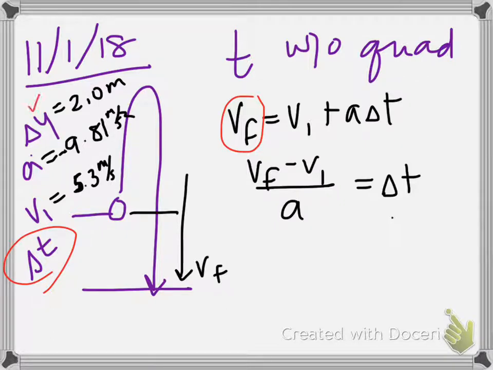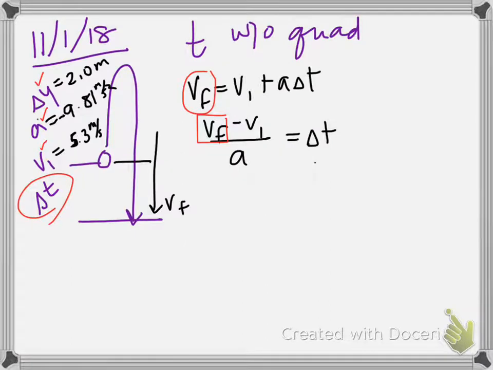But if we have delta Y and A and VI, we can create an expression for VF that will then allow us to plug in. What do we have that connects VI, VF, A, delta Y?